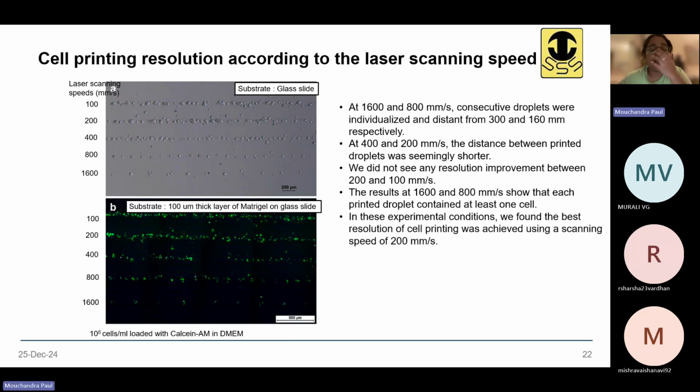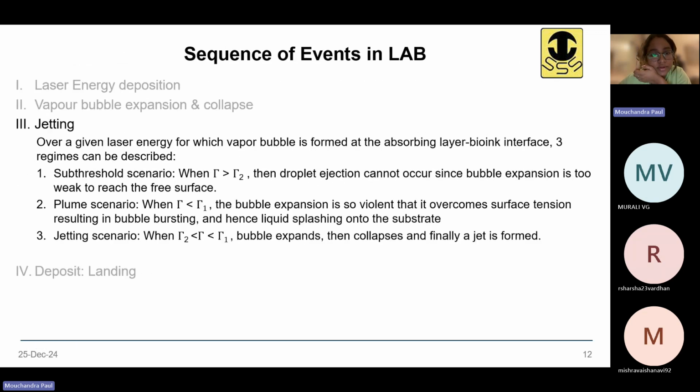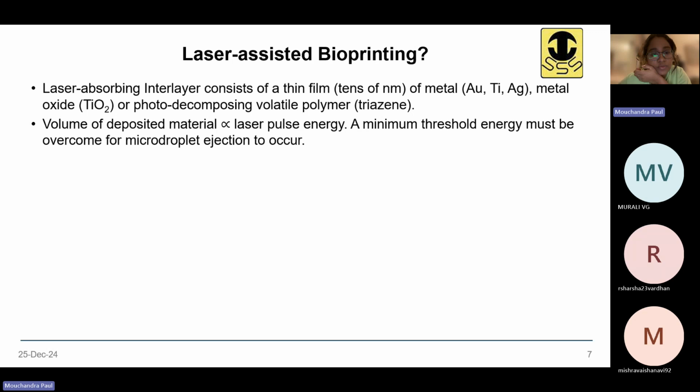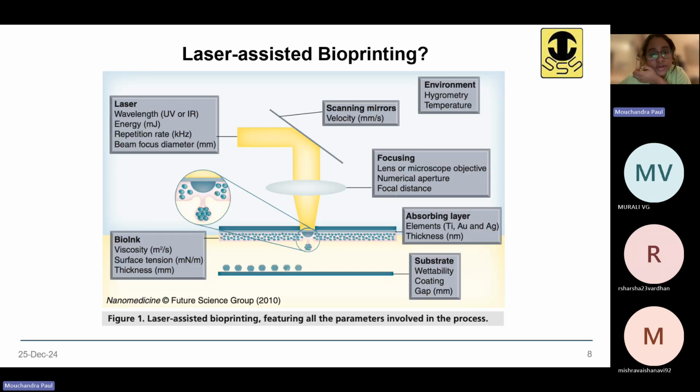Now they've also shown the effect of the scanning speed on the cell printing resolution. Again, let me go back to that diagram to help you understand what I mean by scanning speed. So here in this diagram, slide number 8, there is a mirror. That mirror is moving in the XY direction, and it is basically redirecting the incoming laser to fall on a particular point in the ribbon.